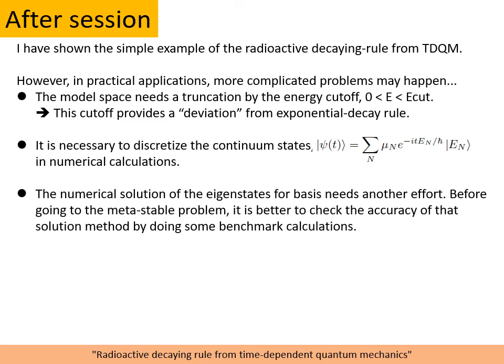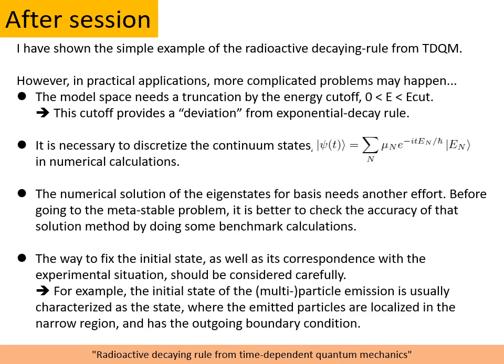Also, the numerical solution of the eigenstates for the basis needs another effort. Indeed, if the Hamiltonian is really complicated, solving all the eigenstates for the basis is practically demanding. I also recommend, before going to the metastable problem, that it is better to check the accuracy of the solution method by doing some benchmark calculations.